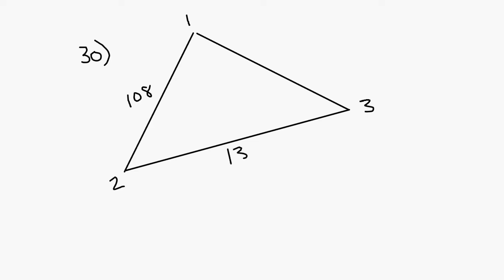So 130 right here. Cameras 1 and 3 were 149 apart. Which camera has to cover the greatest angle? The camera that's opposite the longest side has to cover the greatest angle. So this right here would be your largest angle, so that would be camera 2.